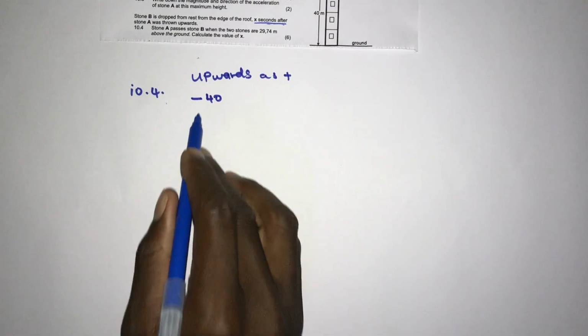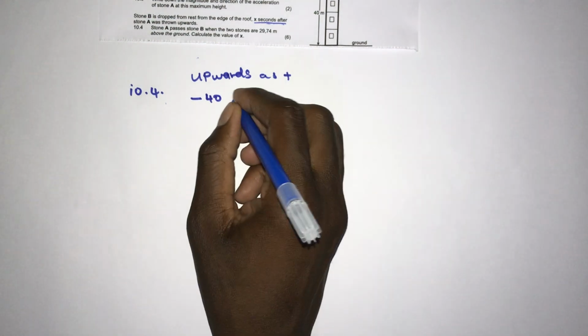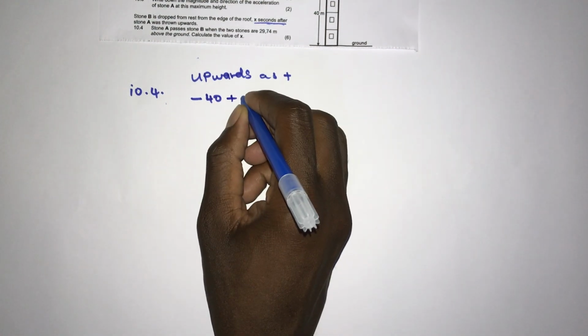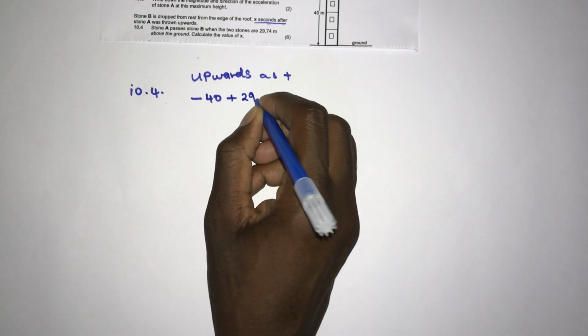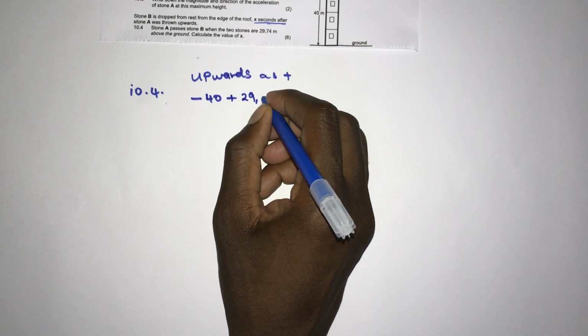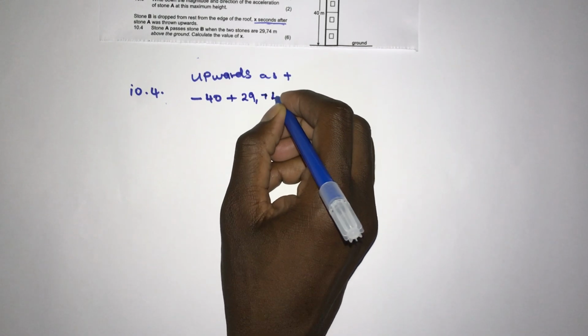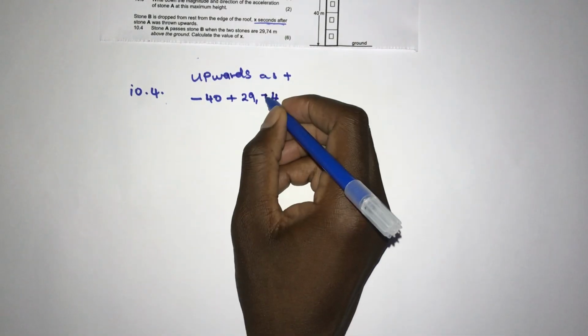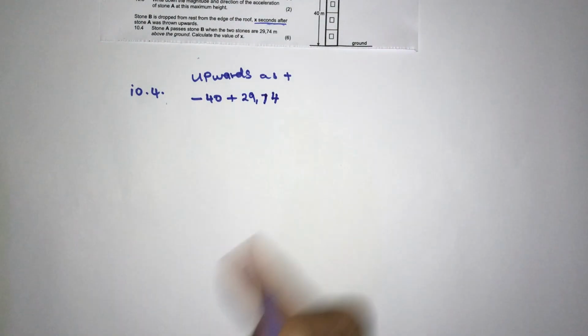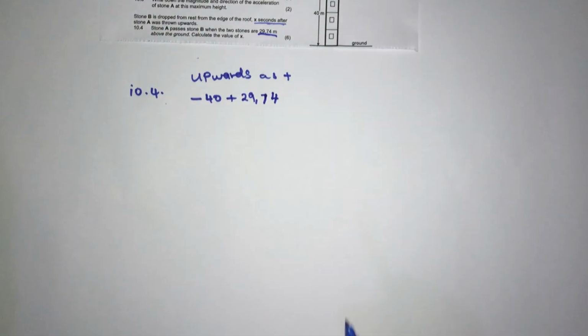So it's negative 40, then plus 29.74 meters, which is where they met.